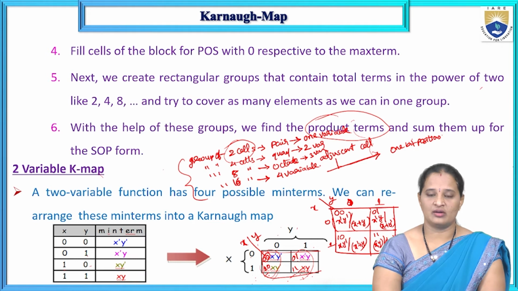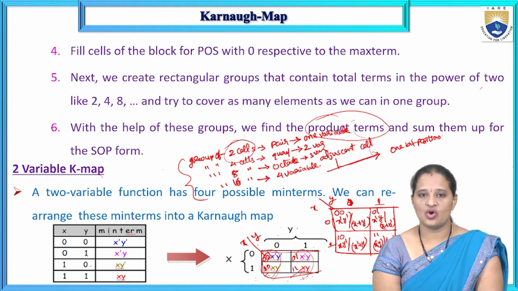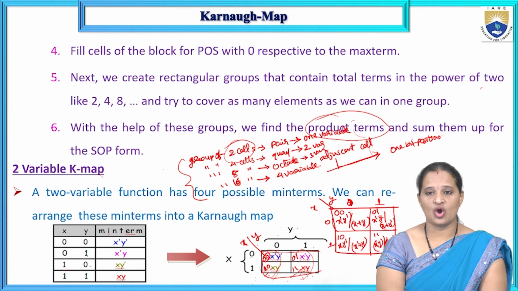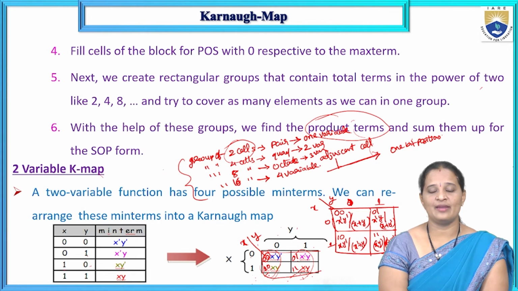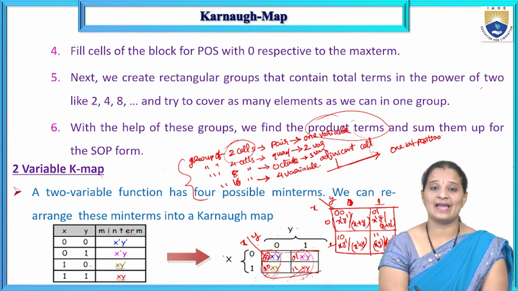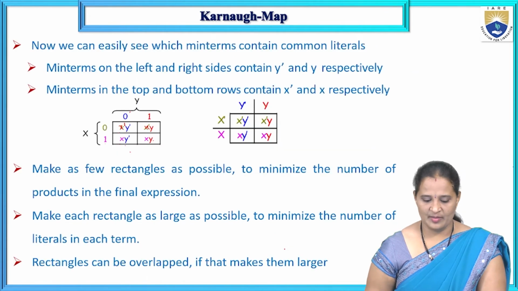Whereas diagonal adjacency is not possible, because they differ by more than one variable. That means I cannot group the cells diagonally. I can group the cells either row wise or column wise. That thing you have to remember.